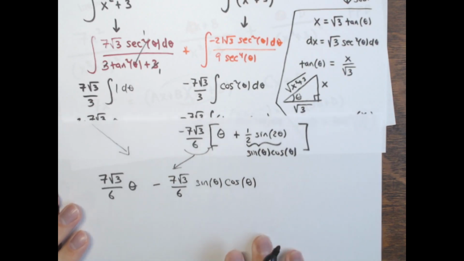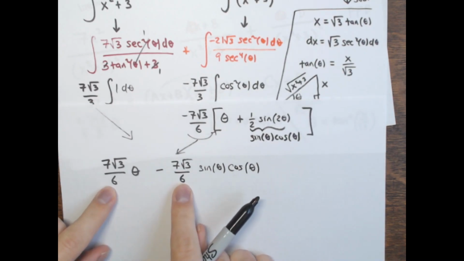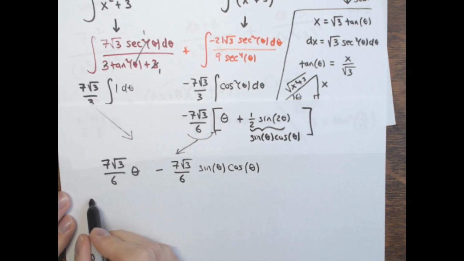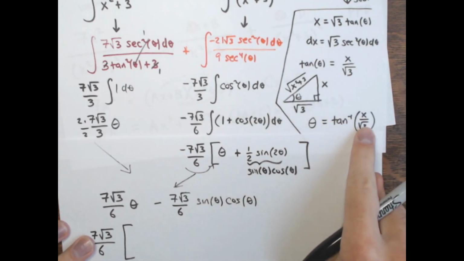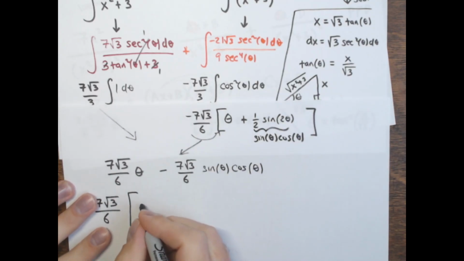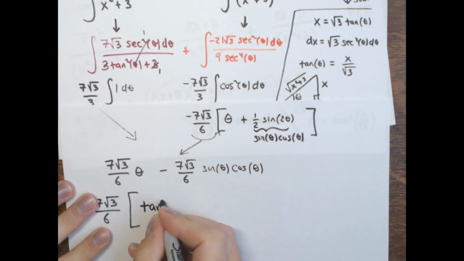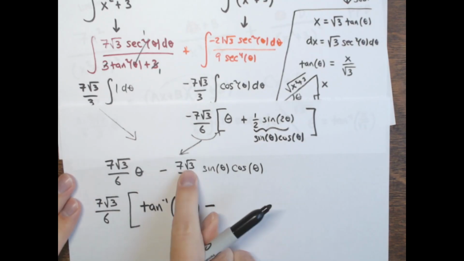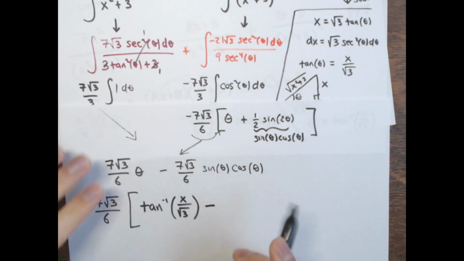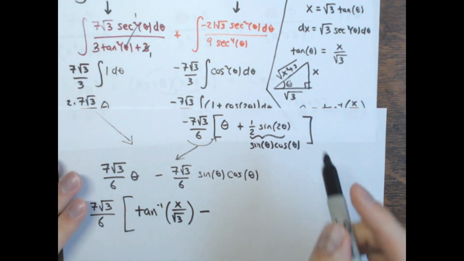And then we'll go back. Now both of these have 7 root 3 over 6 in common. I'll factor that out. So we got 7 root 3 over 6, and then theta, right, from earlier, theta was the inverse tangent of x over the square root of 3, and then minus, again, I pulled the 7 root 3 over 6 out, and then sine theta from my triangle.